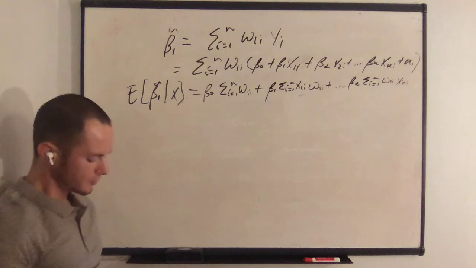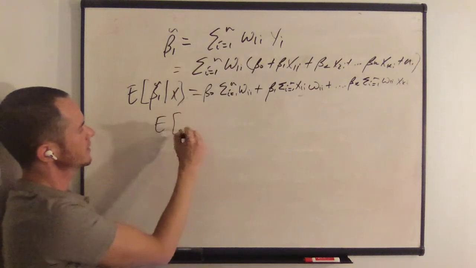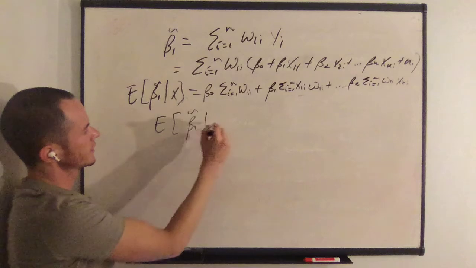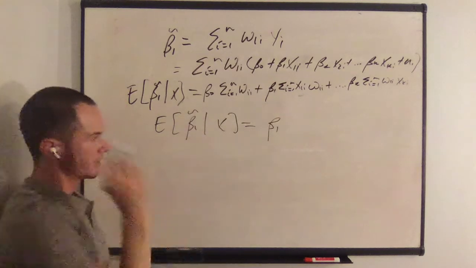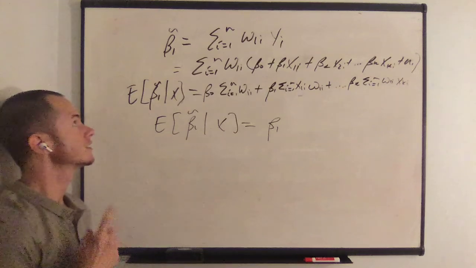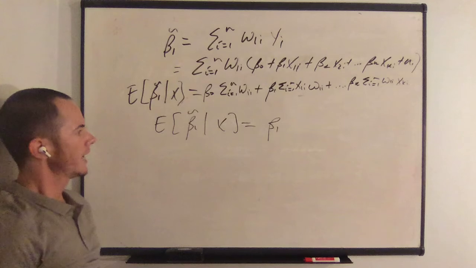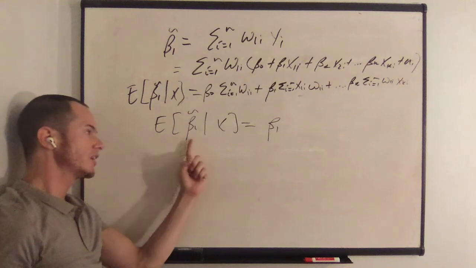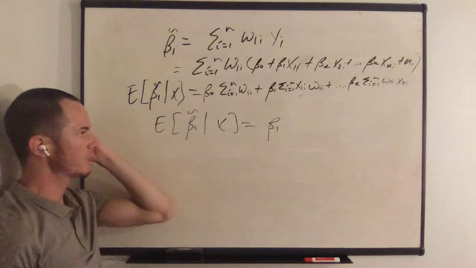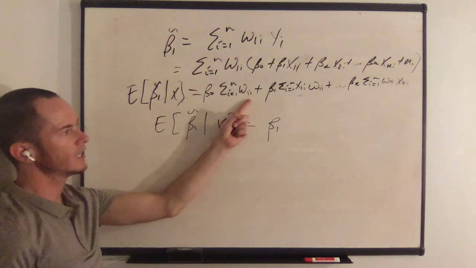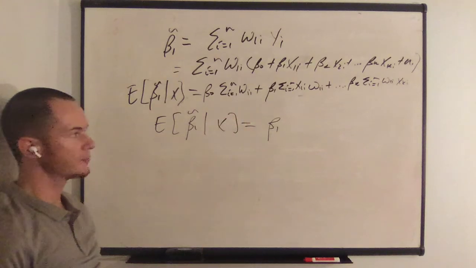Now what we're trying to do is to show that the expected value of beta 1 tilde given x is equal to beta 1. So we set up that this estimator beta 1 tilde is linear. In order for this estimator to be unbiased, the expected value of beta 1 tilde given x has to equal beta 1. So how can we get this right-hand side to be equal to beta 1?